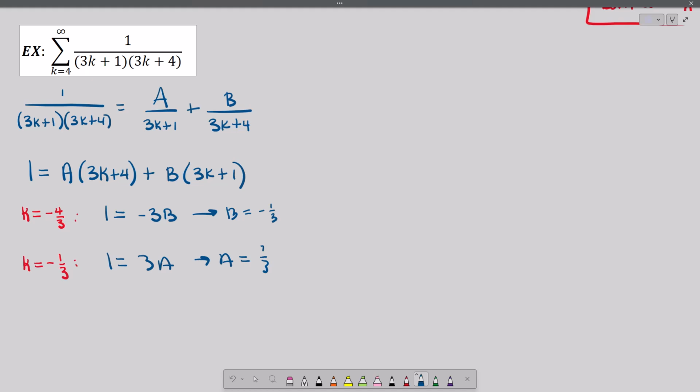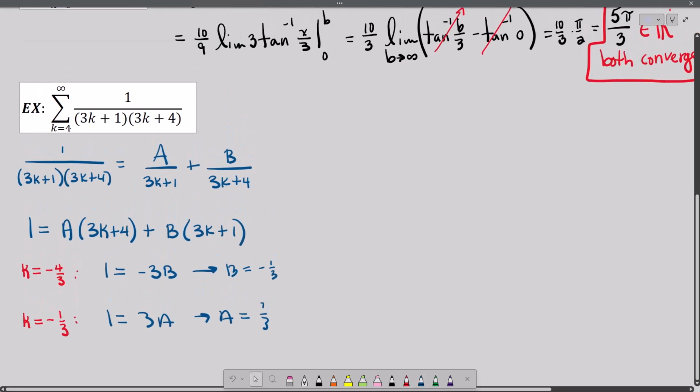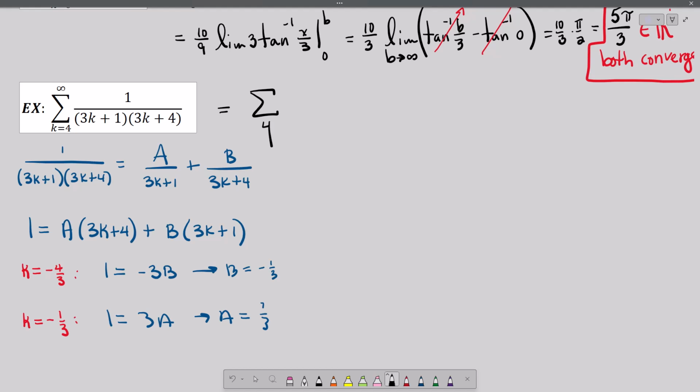And that's the extent of PFD in this section. Nothing more complicated than the convenient value technique. I'm just going to use shorthand notation for that summation. We know that it goes to infinity. And we're going to rewrite this as, let's see, a is positive 1/3.